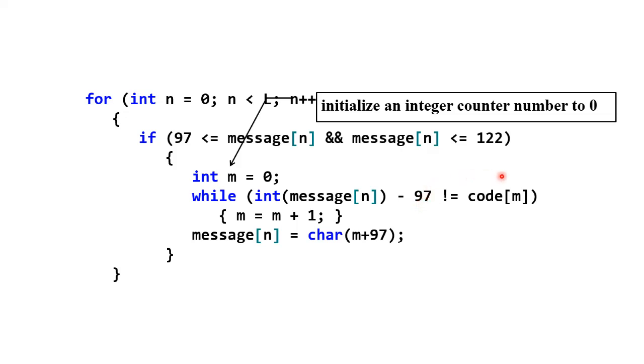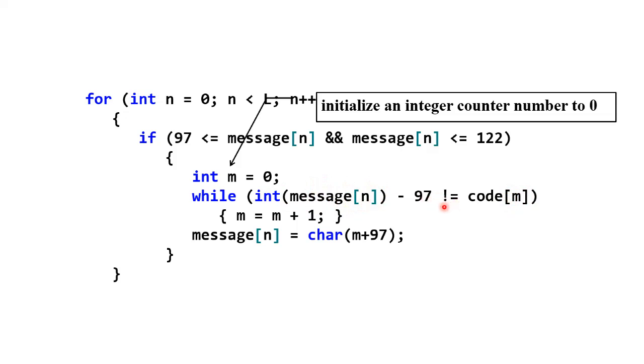And then I want to compare with code letter M. M is based on this counter that I just set up. So it starts at code 0, and it's comparing that to the number in the message.